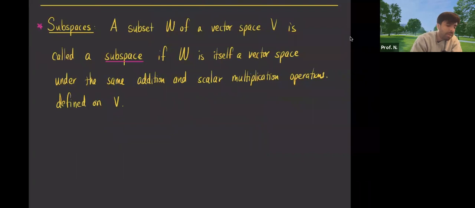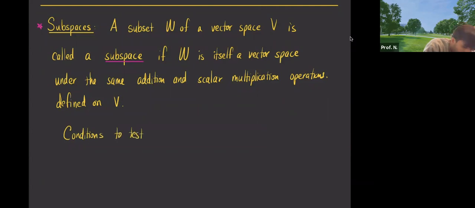And what we're going to be interested in is, given a subset of a vector space, being able to determine whether that subset is indeed a subspace or not. So what are the conditions to test whether a subset of V is a subspace?